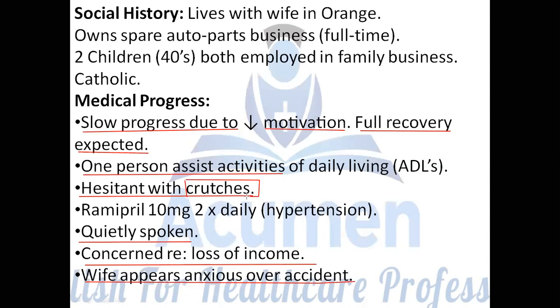There's no need to write everything as it is, like concerned about the income or the wife's anxiety, but it is important to say that he lacks motivation, and he's not willing to use crutches, because those are the reasons why even after 1.5 month or almost a month after accident, he's still not able to do activities on his own.